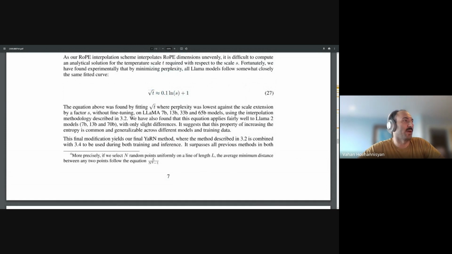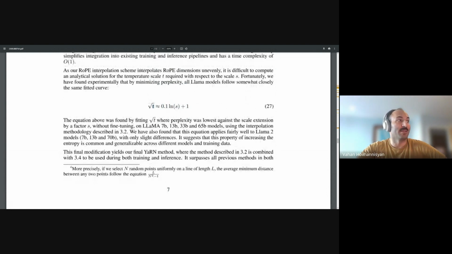But this value is found empirically by minimizing perplexity and playing with S. Basically they give different values of T, which is the temperature for adjusting the attention values, and then they plot it and fit it to a curve, and notice that this curve for T, depending on S, minimizes perplexity. That's all.